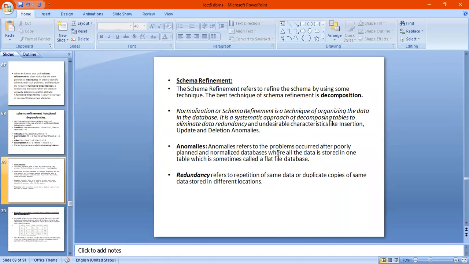Anomalies refer to the problems occurring in a poorly planned, unnormalized database where all the data is stored in one table, sometimes called a flat file database. Redundancy refers to the repetition of the same data, also called duplicate copies of the same data in different locations.